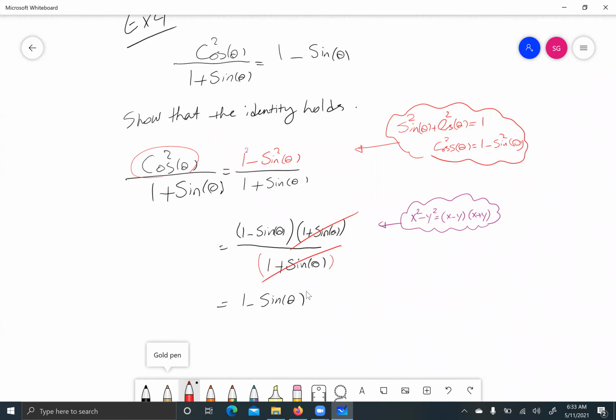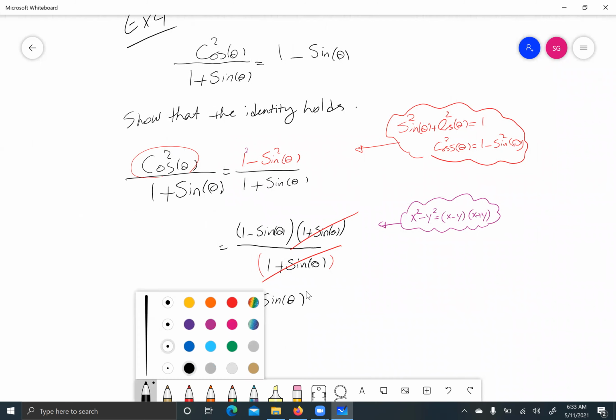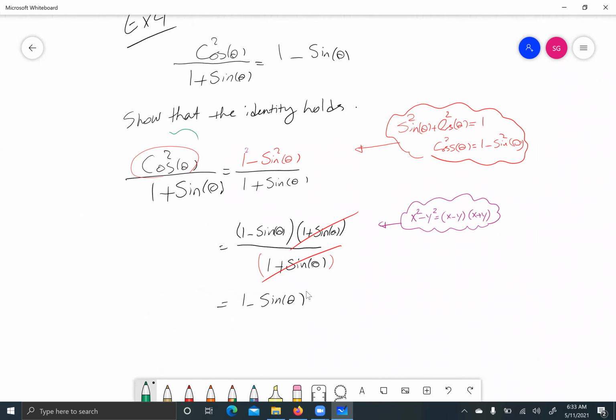So look at the approach. We started from the left side and kept simplifying, and we ended with the right side. This means that cosine square over 1 plus sine is 1 minus sine of theta.